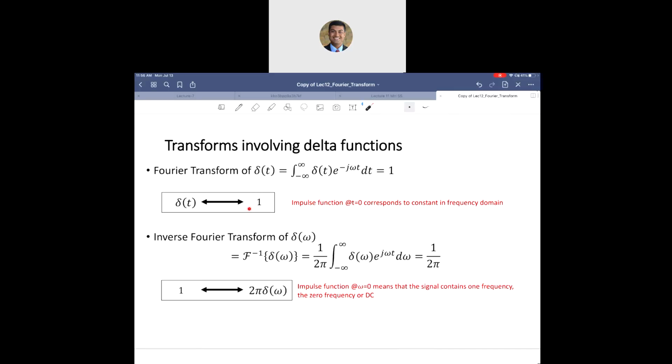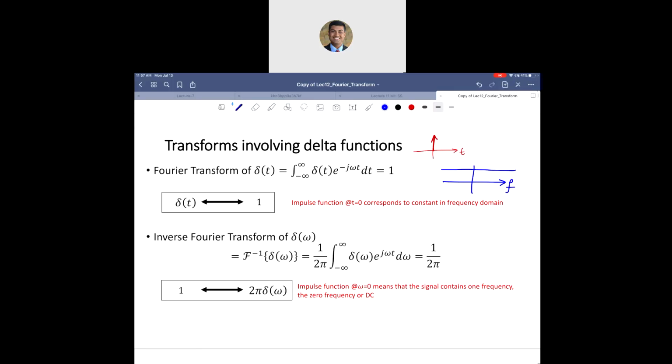What is the implication of this? The implication is that the impulse function at time t equals 0 corresponds to a constant in the frequency domain. So in time, it was that. In frequency, or omega, it was that.